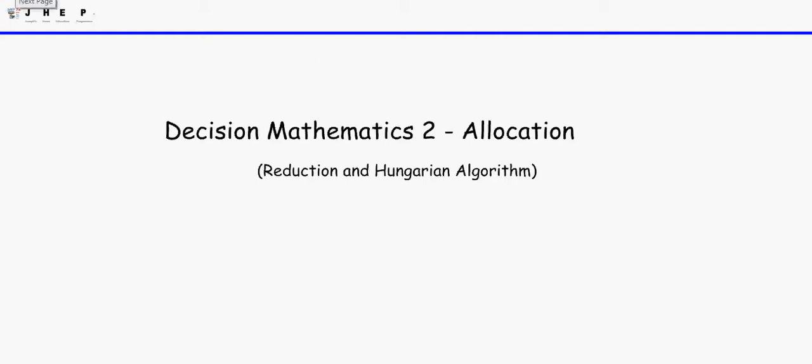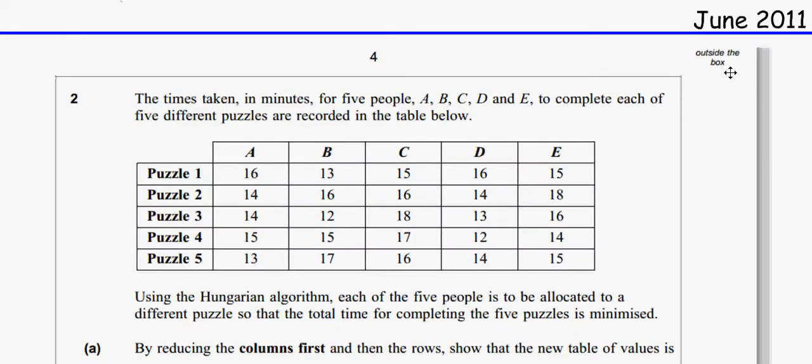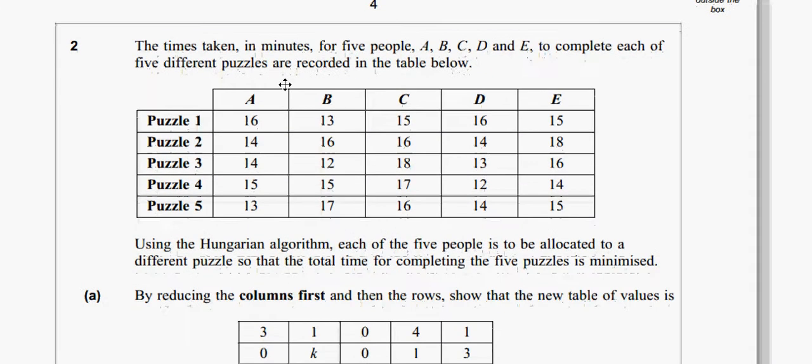So we will be using an AQA paper to answer this question, but Edexcel students can still listen in because I learnt D2 the Edexcel way, but I just did the AQA exam. This is the time taken for these 5 different people to complete a puzzle.